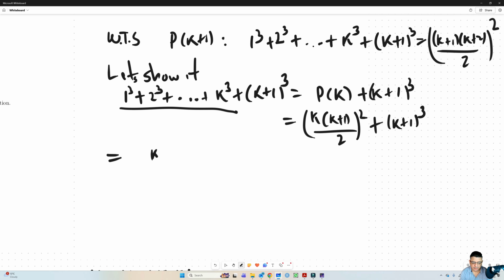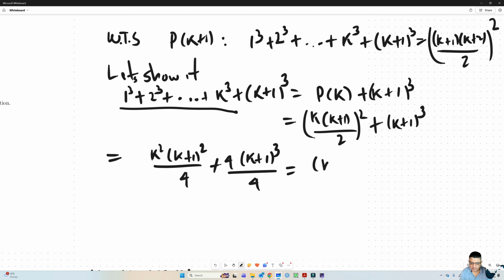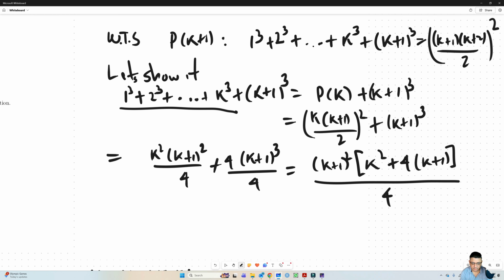This is going to be k squared times k plus 1 squared over 4. And I can write this as 4 times k plus 1 cubed over 4. If I factor k plus 1 squared, I'm going to get k squared plus 4 times k plus 1, over 4.